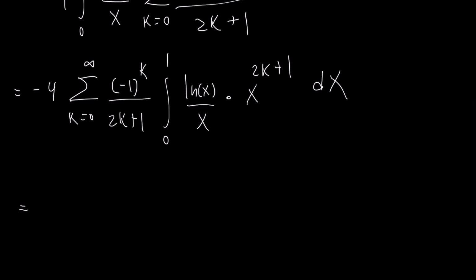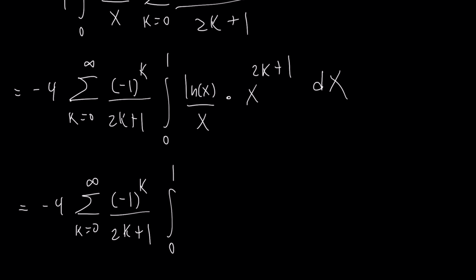So it is equal to -4 the sum from 0 to infinity, (-1)^k divided by 2k+1, the integral from 0 to 1, x^(2k+1) divided by x is just x^(2k). So we have x^(2k) ln x dx.